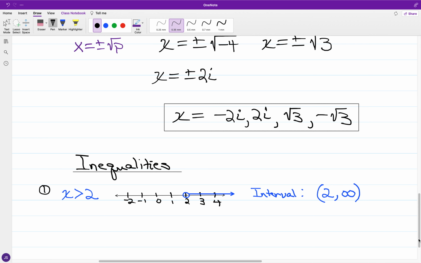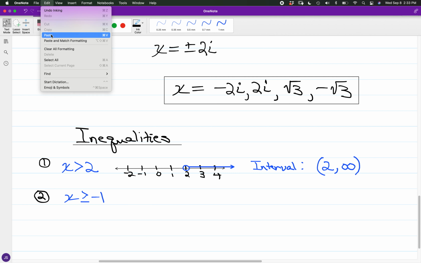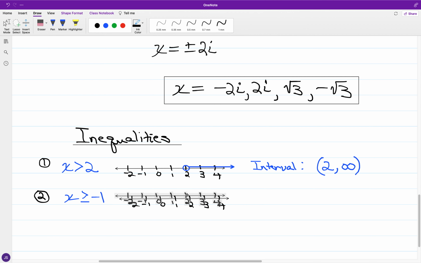And where might brackets come in? Let's say in the second instance that x is greater than or equal to -1. The equal sign signals that -1 is included.